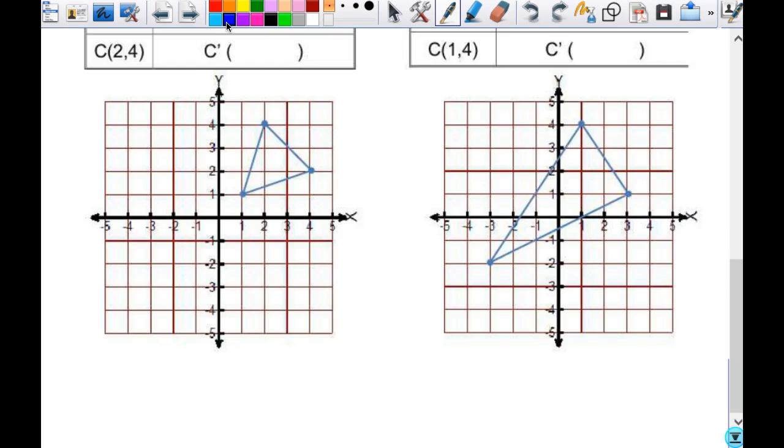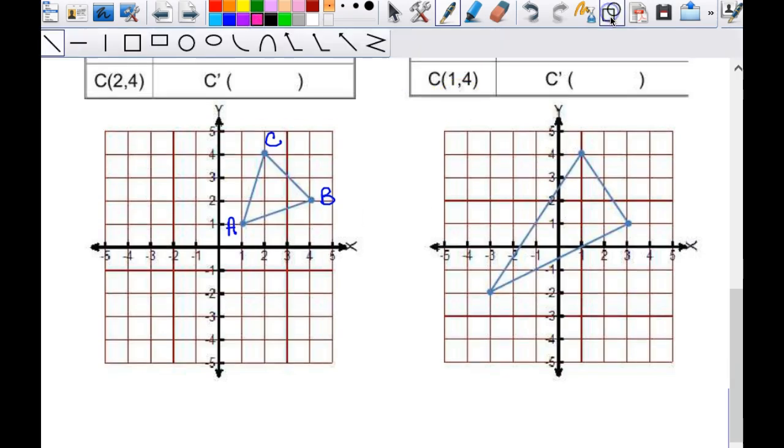Otherwise, you may label them with the wrong letters, and then that just throws everything off. But if you look at what's given to you and we label them, this is A, B, and C. So it told us that we're going to reflect it across the x-axis, so you draw in your line of reflection. So here is my line of reflection.